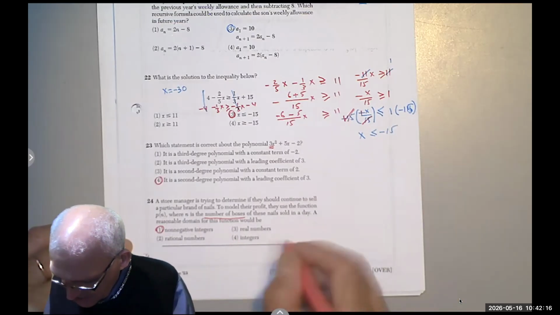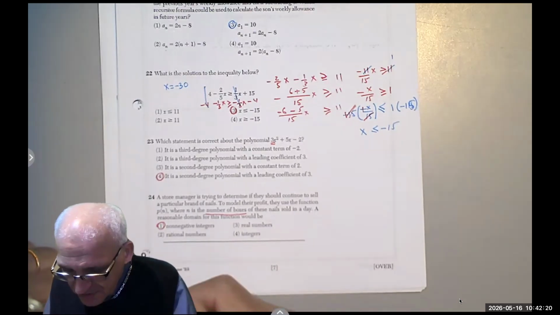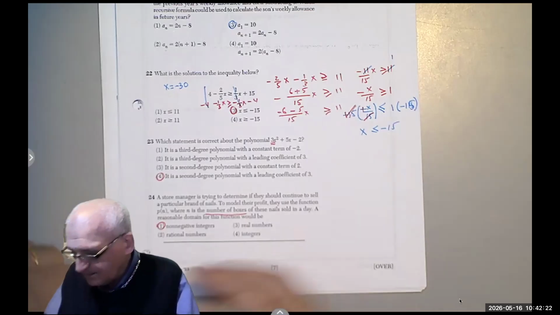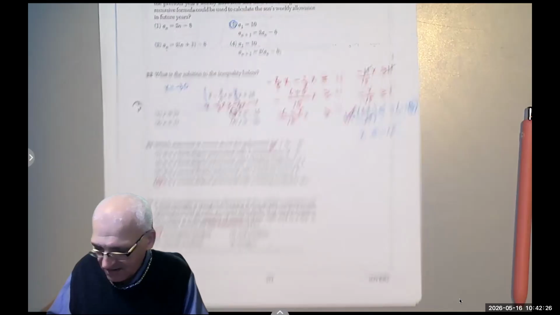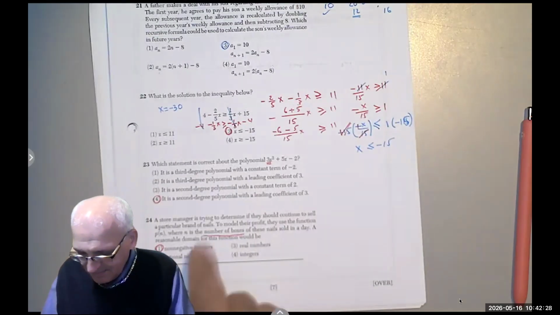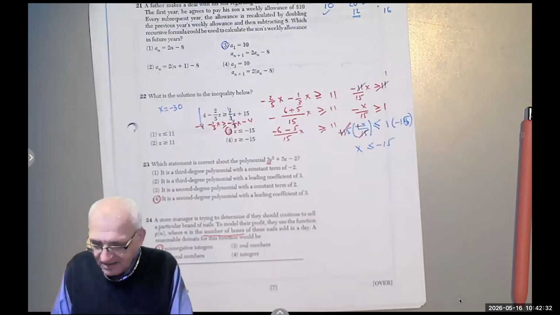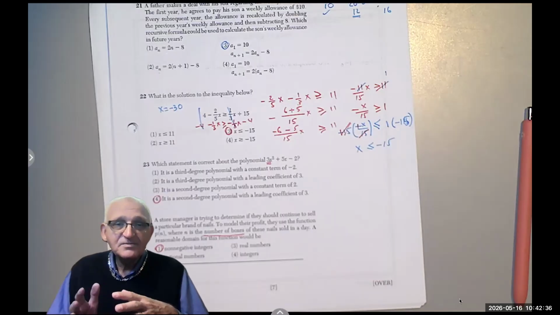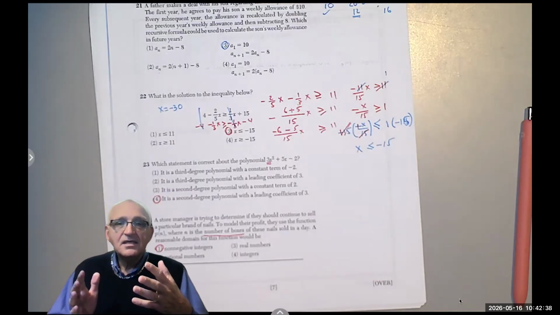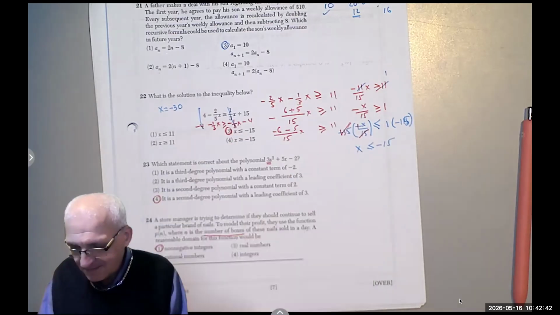And it's not integers because integers can be positive or negative. So I would say 1, not 3, but that's a little tricky. It has to say that he sells a particular brand of nails, but he sells full boxes of a particular brand of nails.